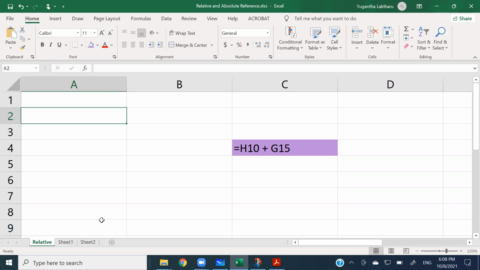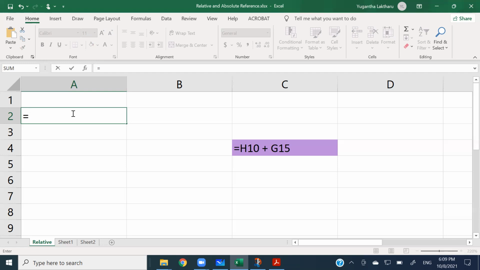Okay, so when we are moving this, we are going 2 columns to your left and 2 rows upward. So 2 columns are moving to your left. Your letter is going to reduce by how many letters? By 2 letters.